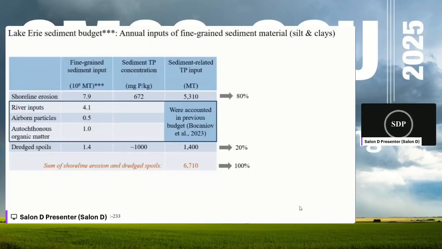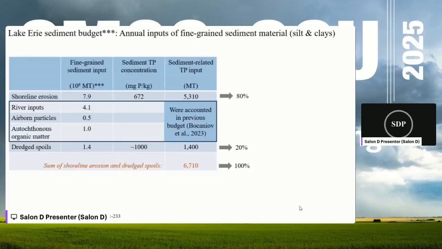So we multiplied that proportion of the shoreline erosion from the bluff materials by the concentration, and we determined that shoreline erosion is potentially able to provide 5,000 to 3,000 metric tons. It's about 80% to cover all the difference, but the rest can be from dredge spoils. Dredge spoils, from the river deltas and marinas, where they clean the sediment, move it, and dispose of it in the lake.